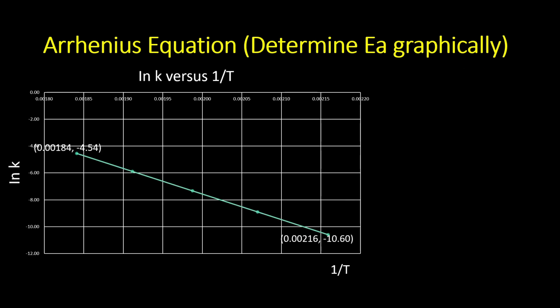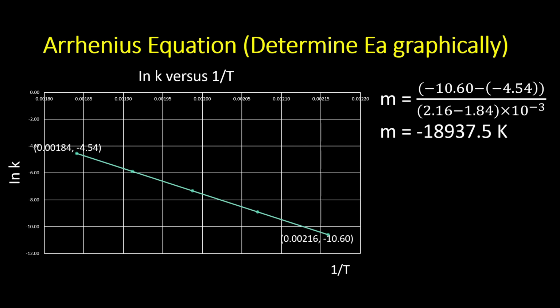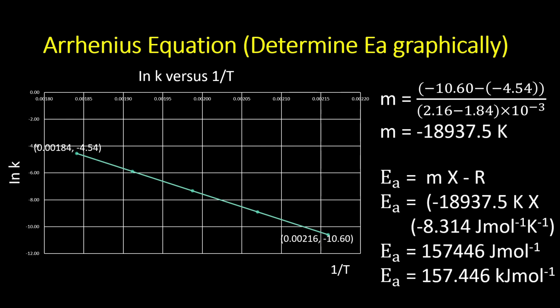For example, in the previous question, the gradient of the graph is determined to be negative 18,937.5 Kelvin. Therefore, to determine the activation energy, we just need to multiply the gradient of the graph with the negative gas constant value to give us the activation energy 157,446 joule per mole.